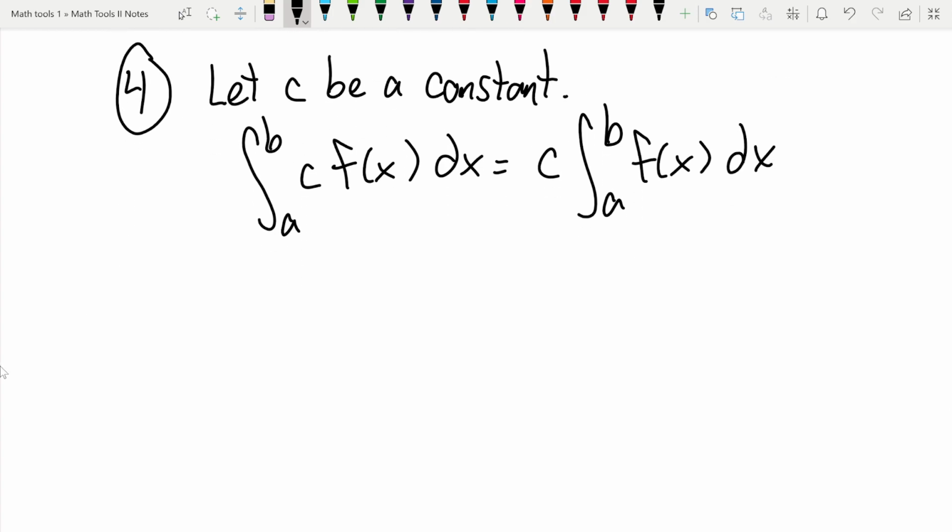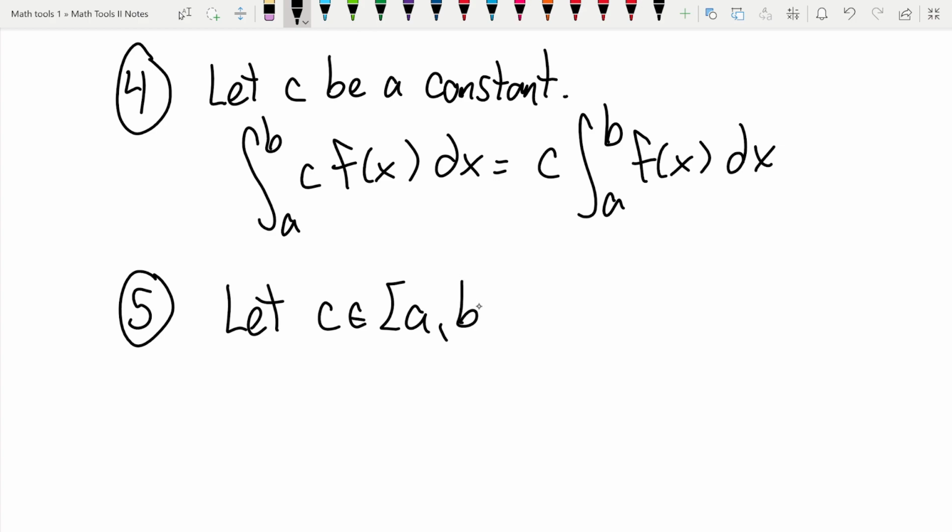And now this last one is about the limits of integration themselves. Let's let c, not be a constant this time, but let c be some number in the interval a to b.